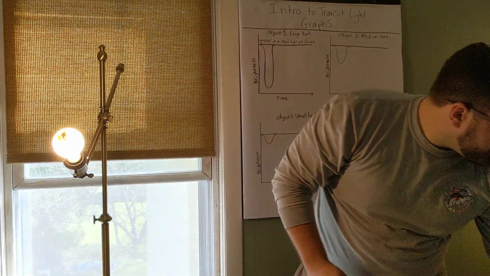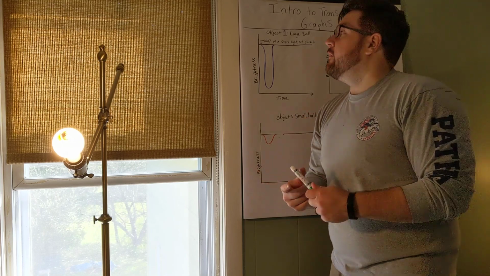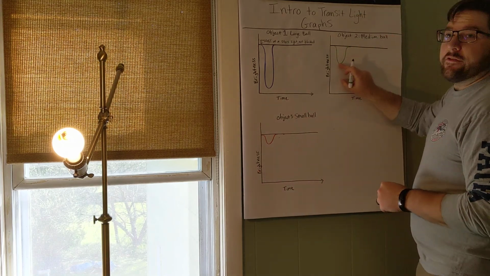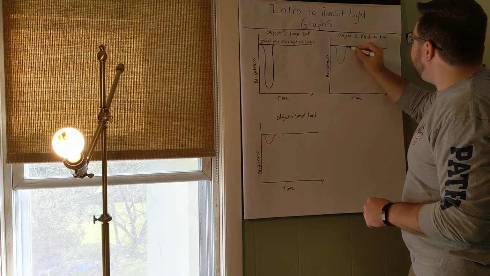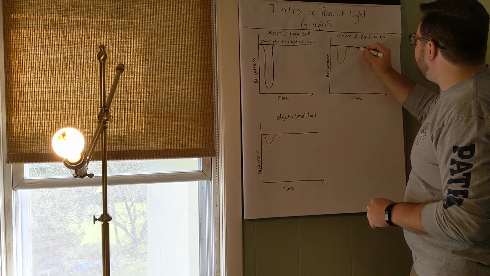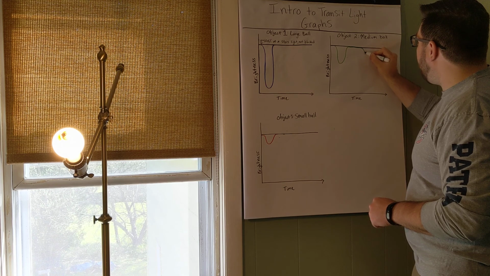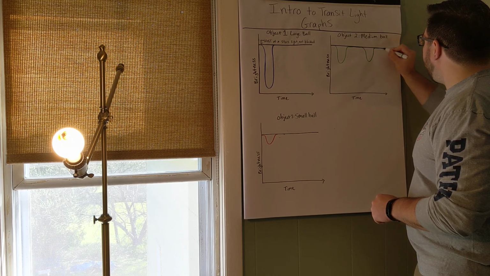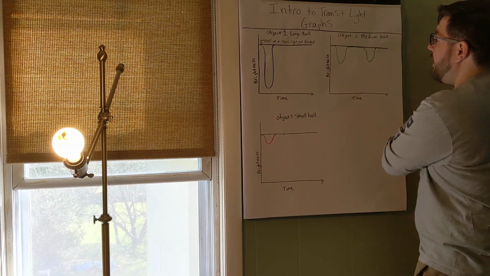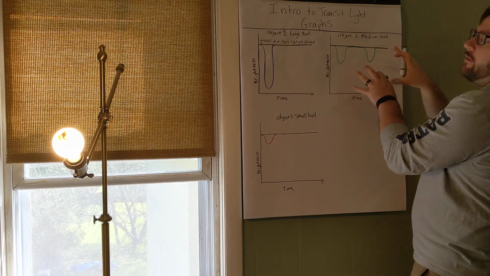So if it's taking 500 days for it to pass, these are going to be really spaced out. The next time that this passes might not be until here. And then another time it passes is going to be off the graph. It's taking a really long time for it to pass.